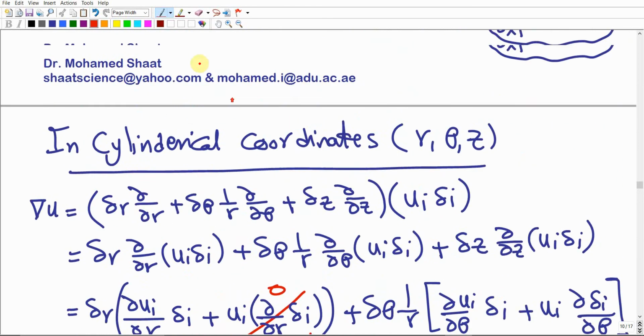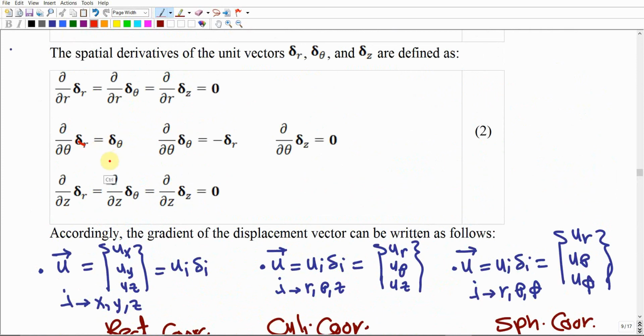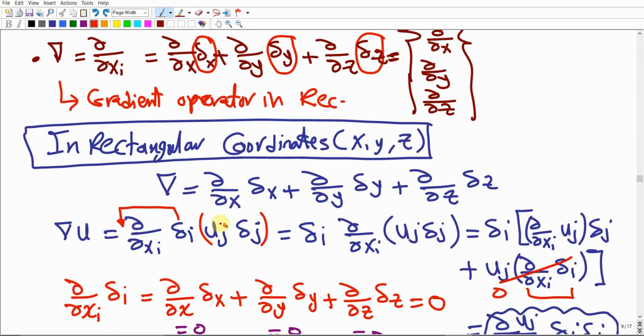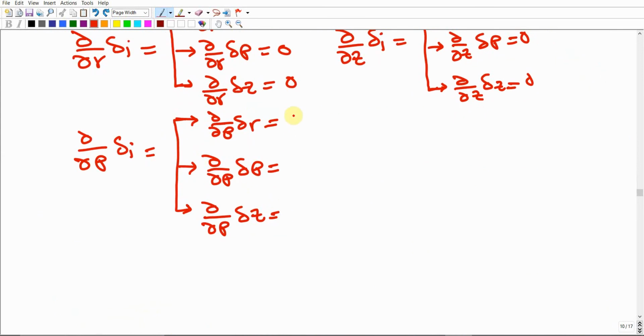According to the above equation, partial by partial θ of δr gives δθ, and δθ with respect to θ gives negative δr, and 0 for δz. So it means that we're going to have here δθ, negative δr, and 0.